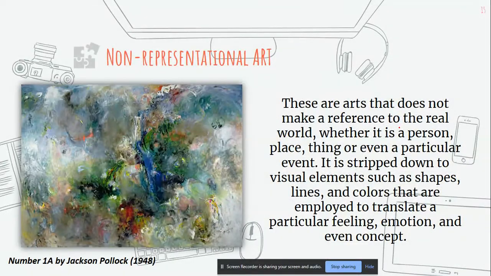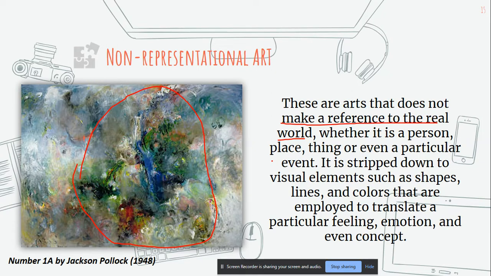We have the non-representational art. Look at this painting. It seems to be chaotic and messy. These are arts that do not make a reference to the real world. So remember, does not make a reference to the real world, whether it is a person, place, thing, or even a particular event.